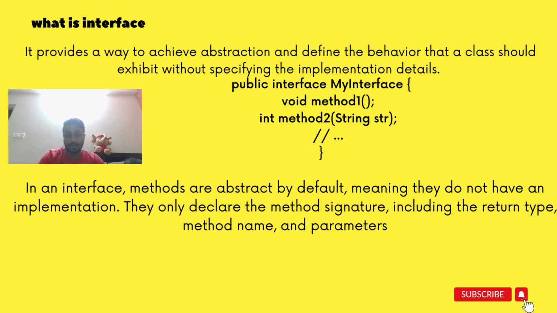And then there is an int method too, which passes a String as a parameter. In an interface, methods are abstract by default, meaning they don't have any implementation. They only declare the method signature, including the return type, method name, and parameters.